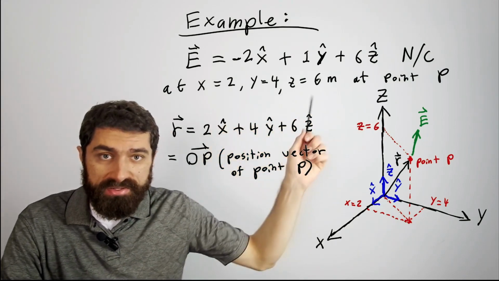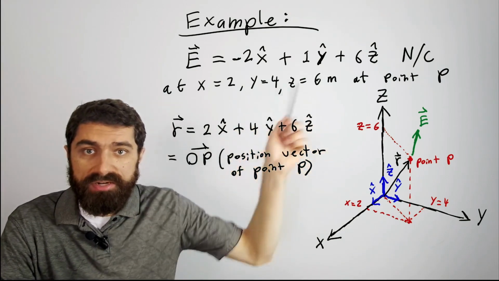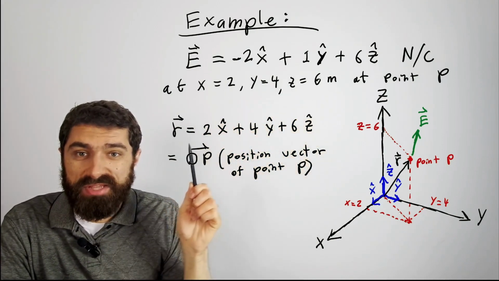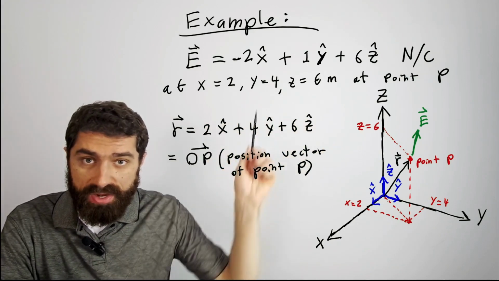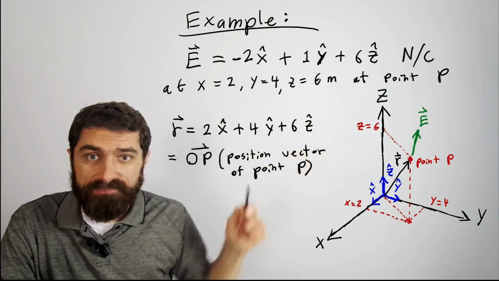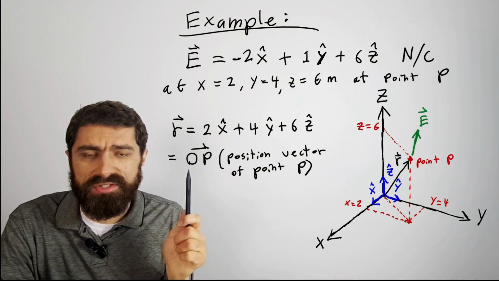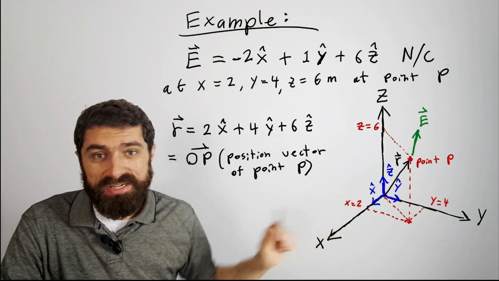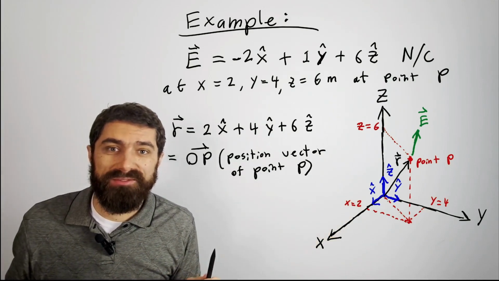Instead of actually listing these numbers out, we can just describe the point with a position vector, which would be 2x hat plus y hat plus 6z hat. And in your textbook, the notation they use is like OP for the position vector for point P. So you can also use that notation as well.